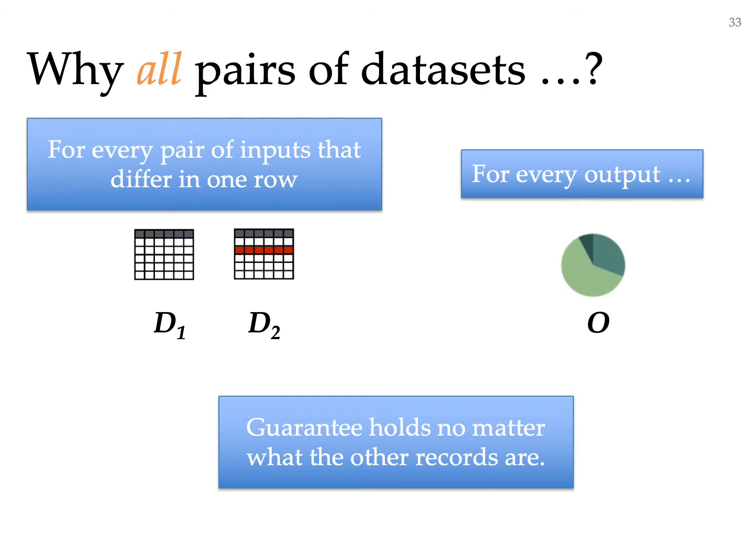Now, the second question is why we consider all possible pairs of neighboring databases. The privacy guarantee should hold no matter what the other records are, and that's why we should consider all pairs of neighboring databases.